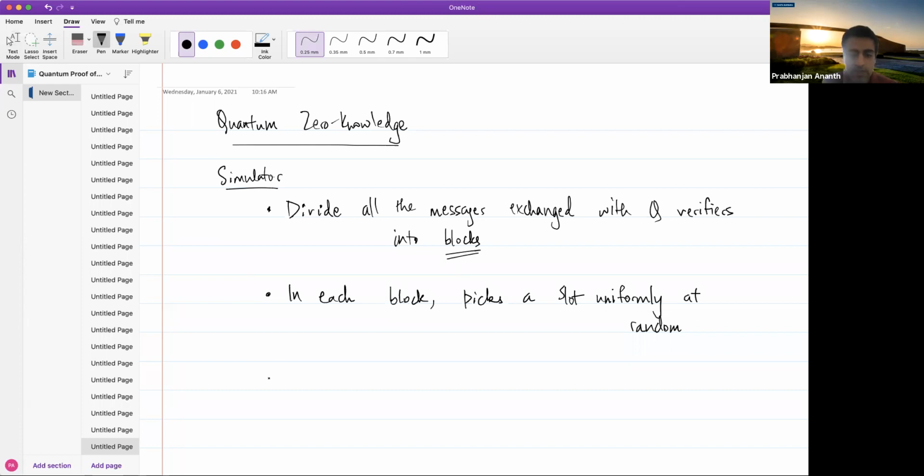And then what it does is it will match this slot, sorry, by rewinding.